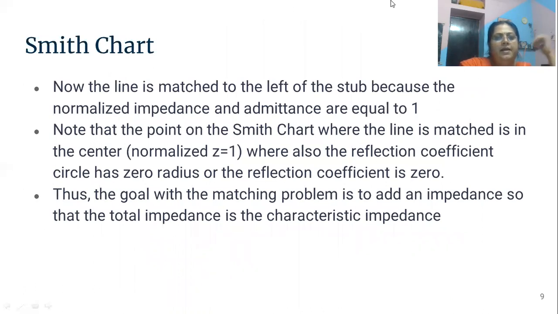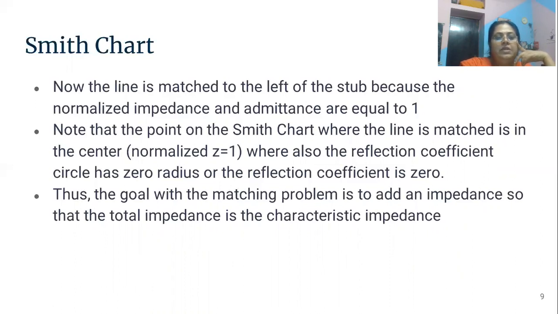Now the line is matched to the left of the stub because the normalized impedance and admittance are equal to 1. We have taken the value as 1. The point on the Smith chart where the line is matched is the center, where the normalized value of Z is 1, and the reflection coefficient circle has zero radius, so the reflection coefficient is 0.